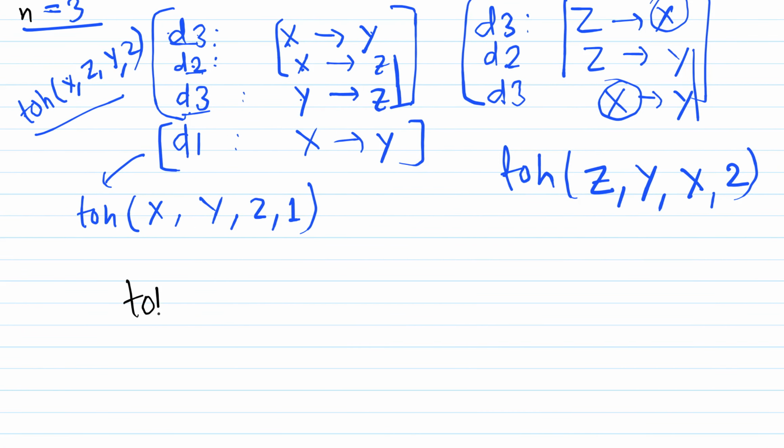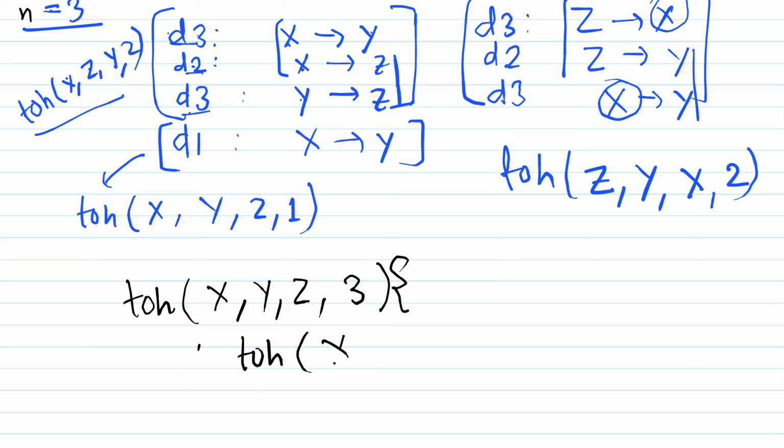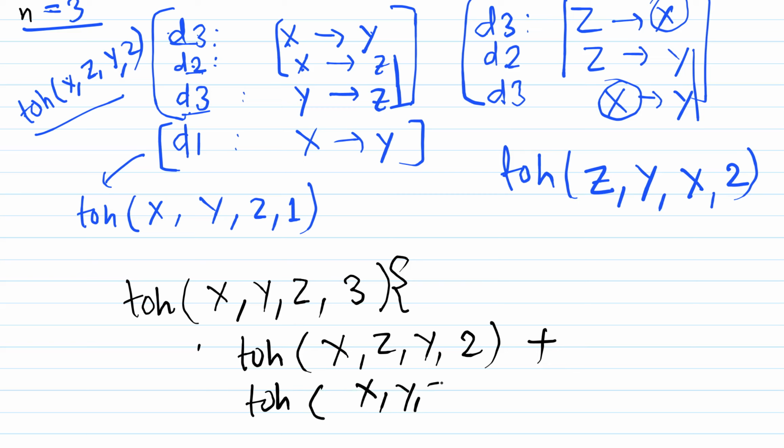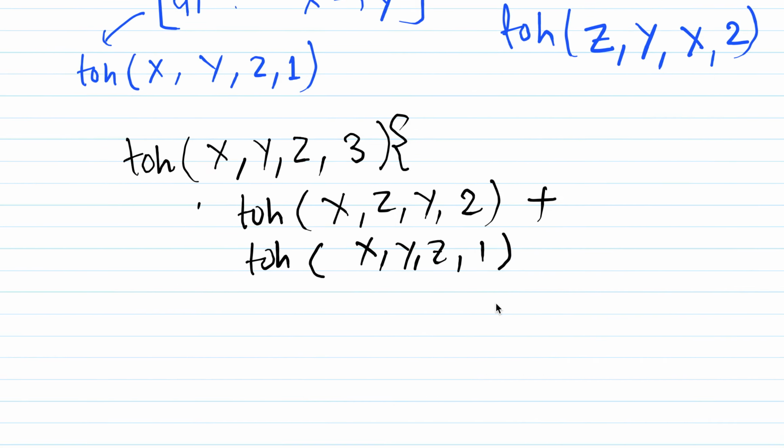So now you can write Tower of Hanoi X to Y using Z and number of disks is 3 as the sum of X to Z using Y, 2 disks, plus, not plus exactly, you have to repeat the steps, X to Y using Z, 1 disk, and finally Z to Y using X, 2 disks.